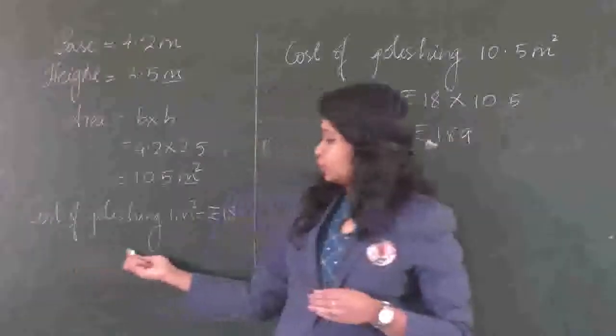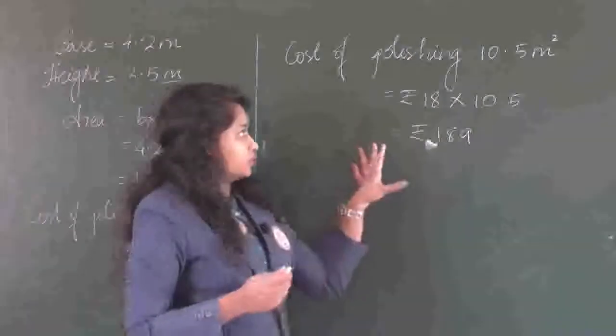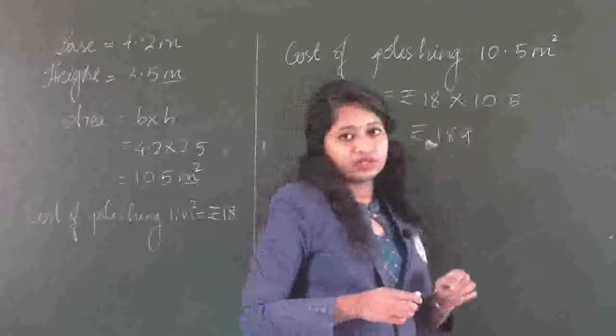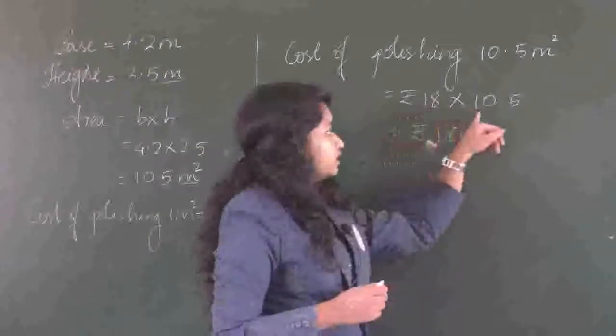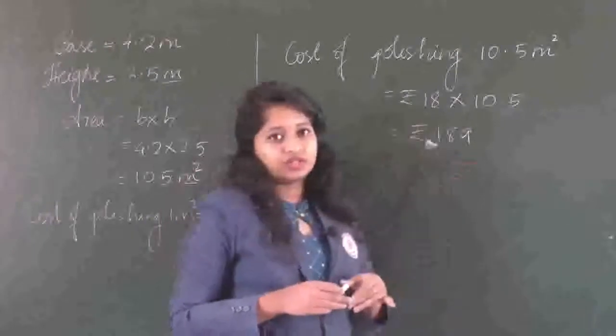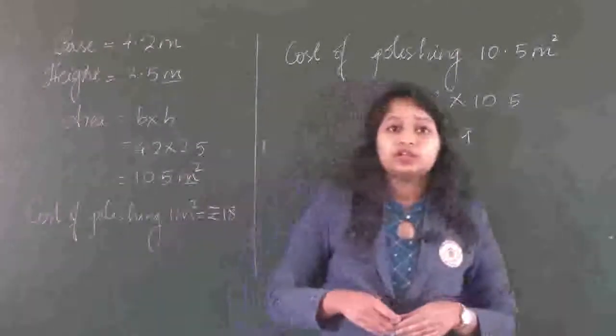And the cost of polishing 1 meter square is rupees 18. So, the cost of polishing 10.5 meter square is rupees 18 into 10.5, which is rupees 189. So, the cost of polishing the table is rupees 189.